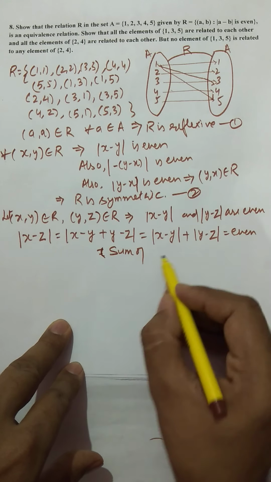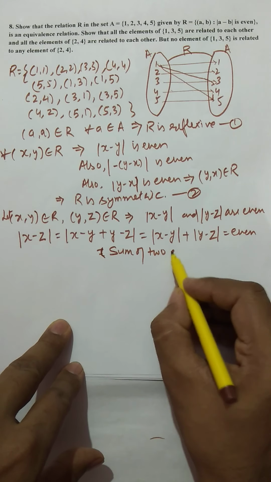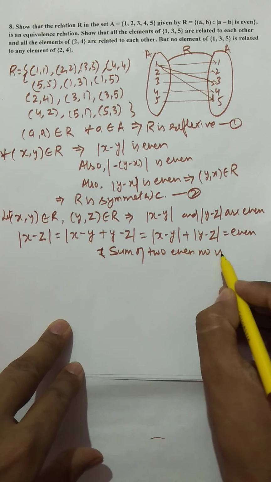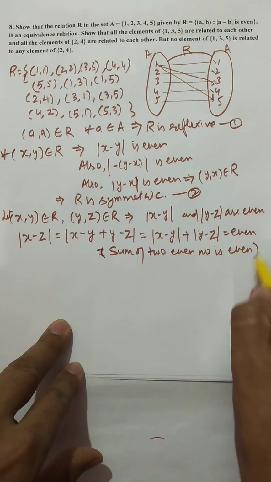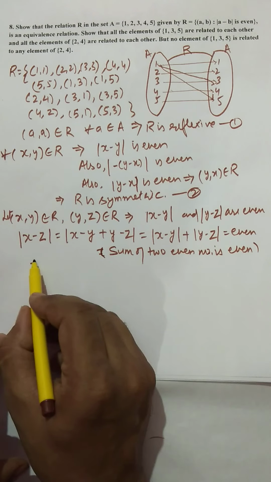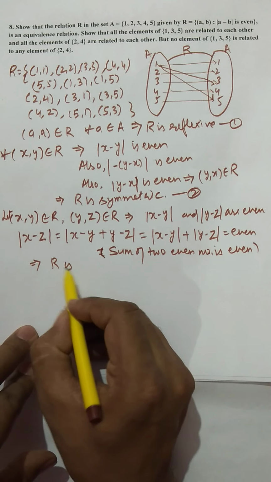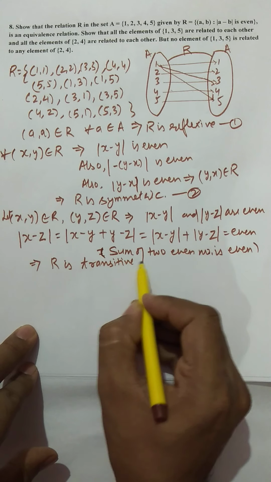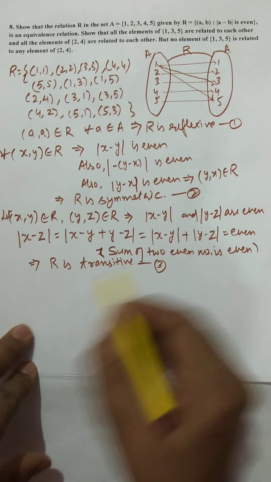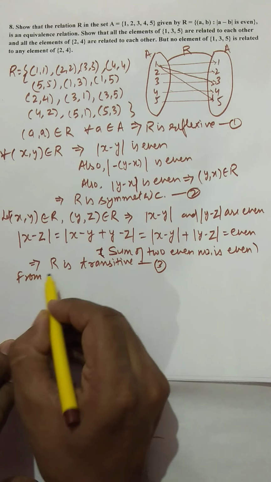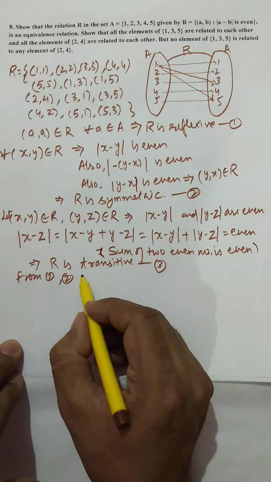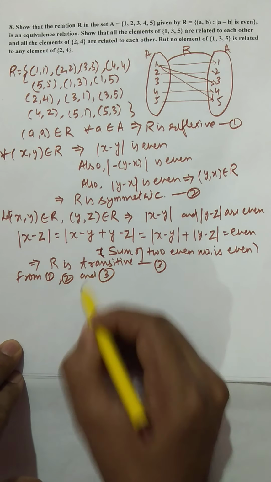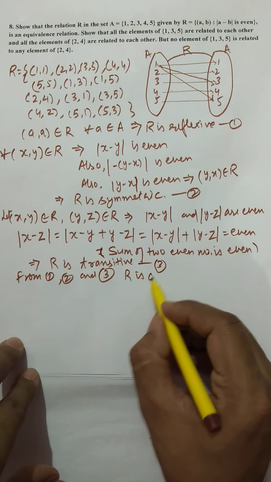Reason you can mention, sum of two even numbers is even. So you can say that R is transitive. So mark this as 3. So from 1, 2 and 3 we see that R is an equivalence relation.